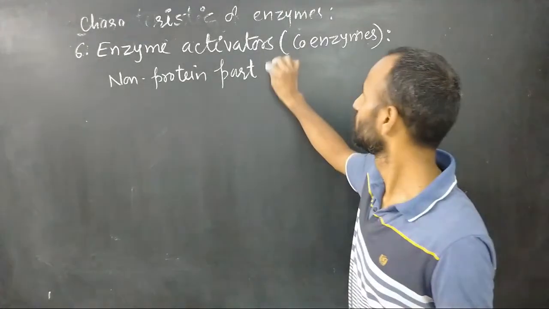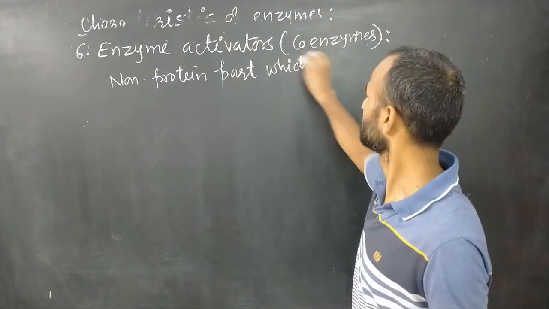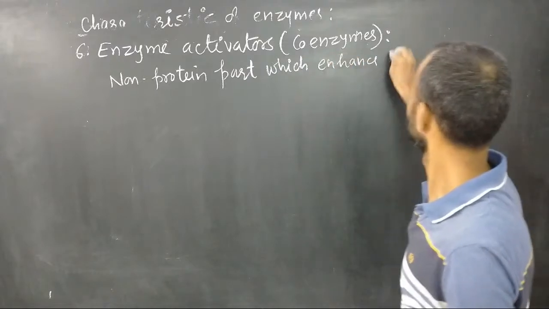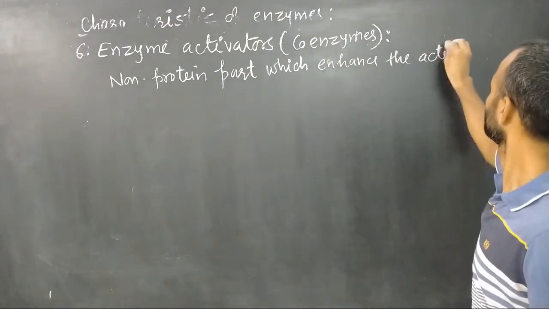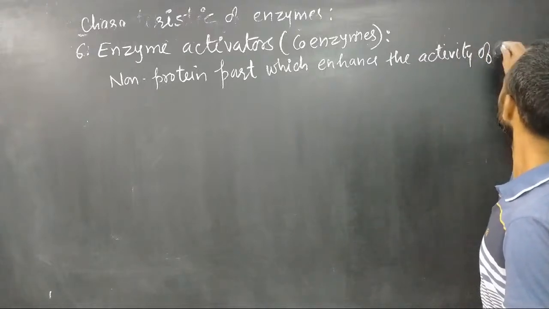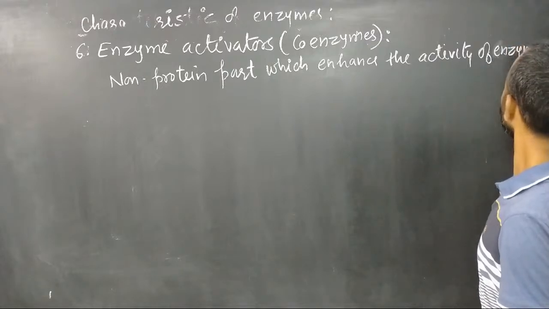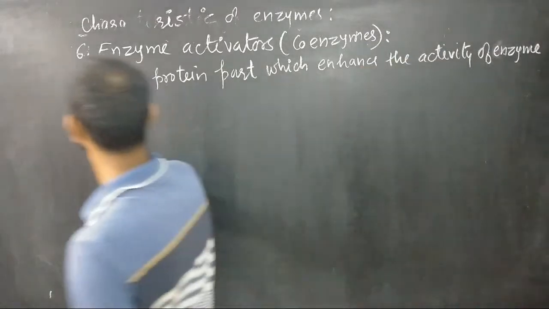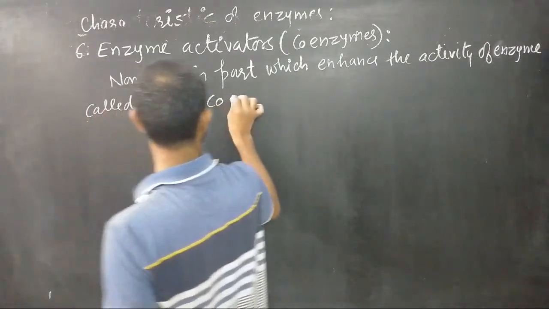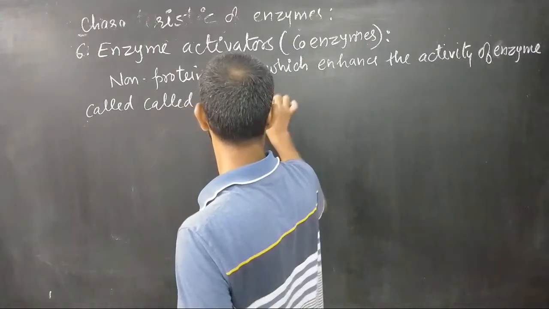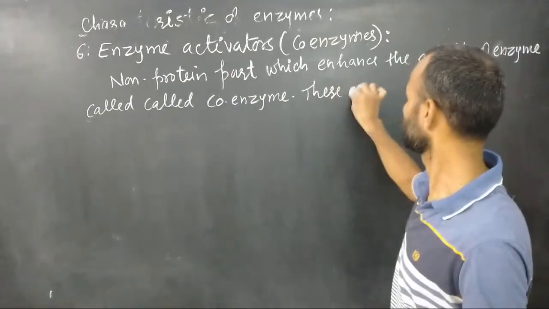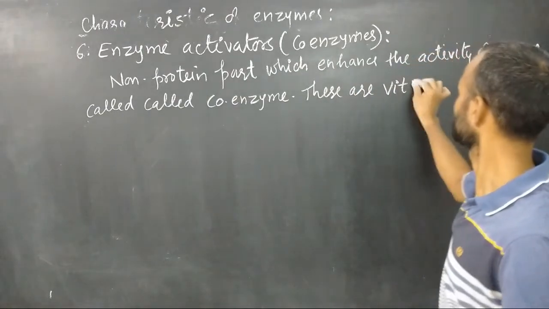Non-protein part which enhance the activity of catalyst or of enzyme are called coenzymes. These are vitamins. Coenzymes are actually vitamins.